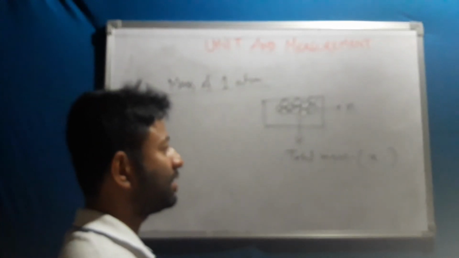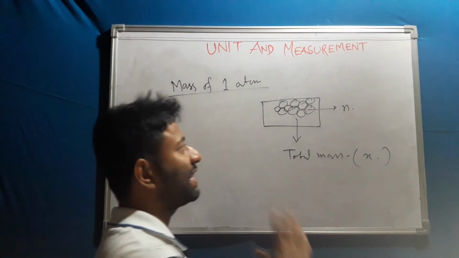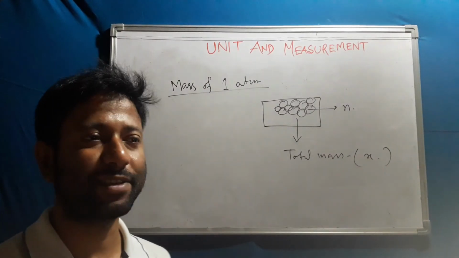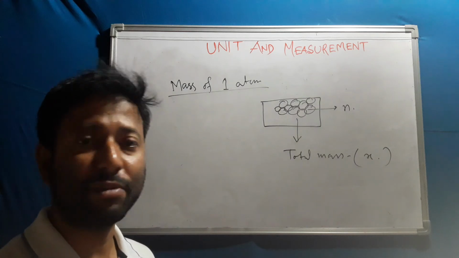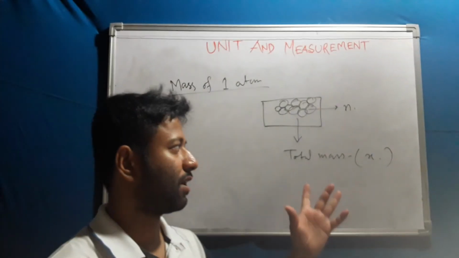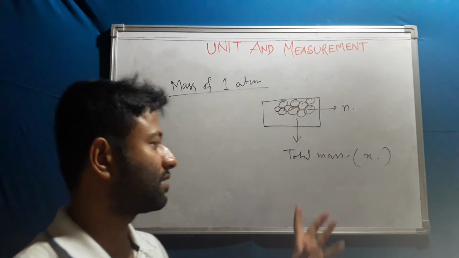But for doing that, there are some processes. Actually, we'll go through all these things when we study some basic concepts of chemistry. Some Avogadro concepts are there. So when I do Avogadro concepts and other things, that will be more clear.